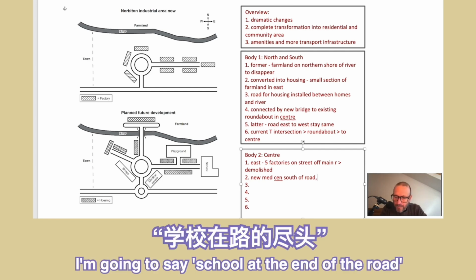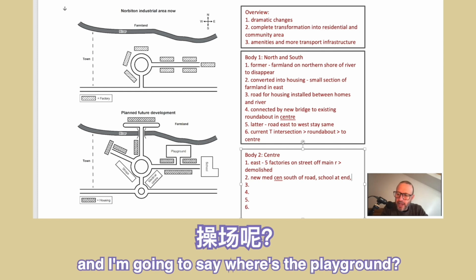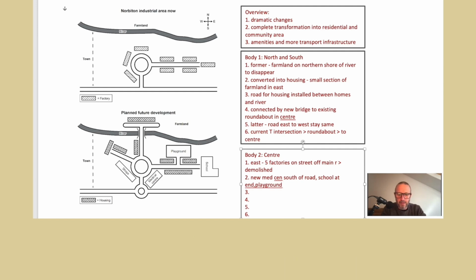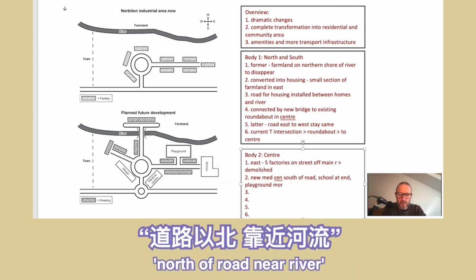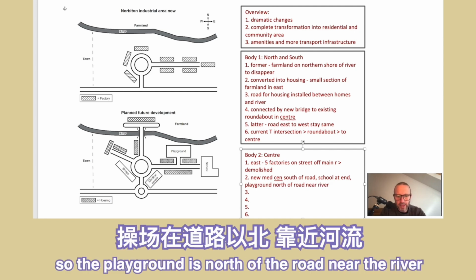I'm going to say school at the end of the road. And where's the playground? Playground north of road near river. So the playground is north of the road near the river.